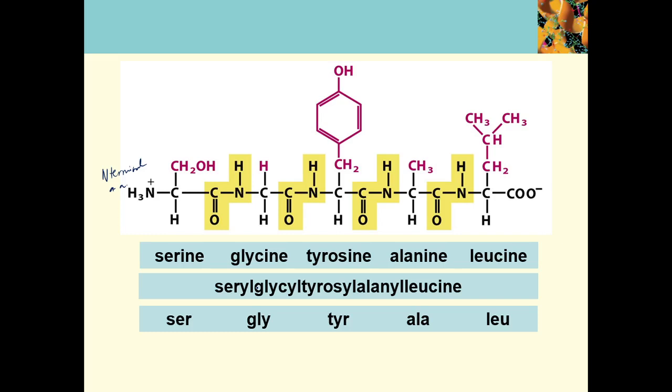You will put a dash in between amino acid residues. So it will become Ser-Gly-Tyr-Ala-Leu. In such a sequence, this Ser is the first one, so this is your N-terminal side, and then your Leu here is your C-terminal side.